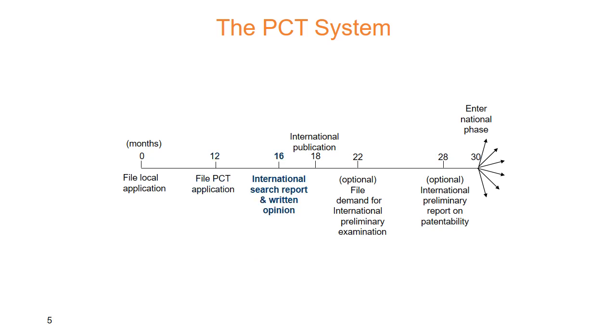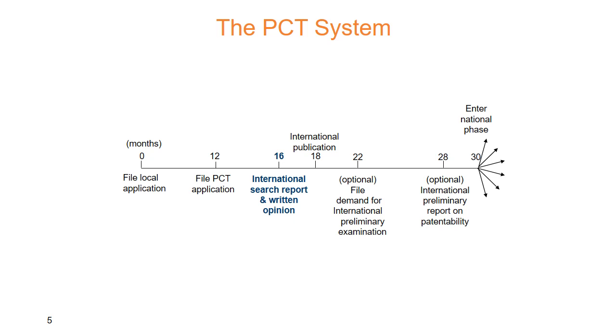After completing the 12 months, we go for the 16th month. Up to the 16th month, we have to check for defects, and then find the international search report. First we check for defects. The check is conducted by the receiving office and is divided into two parts.